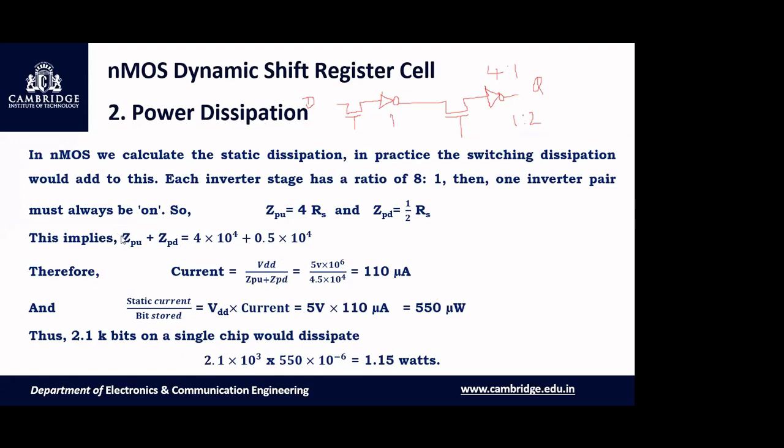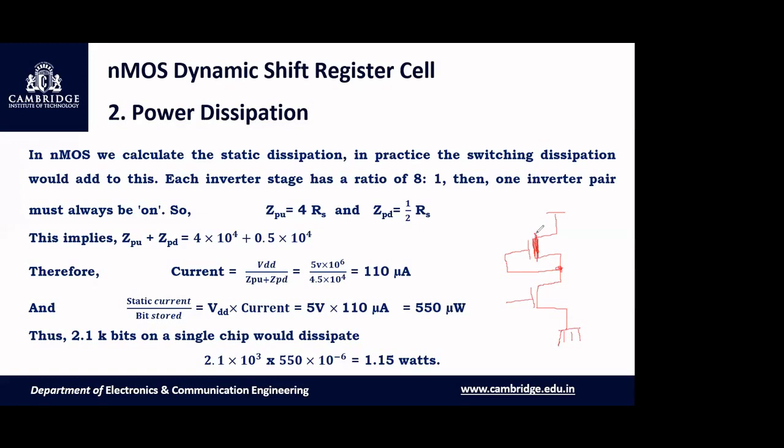So the total resistance of an inverter: if you consider one inverter, I'll draw one inverter. There is the circuit diagram for the NMOS inverter.